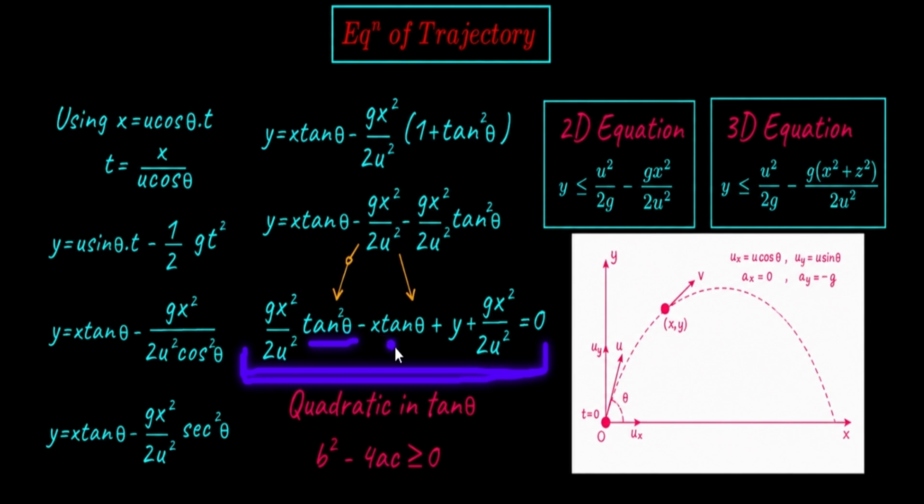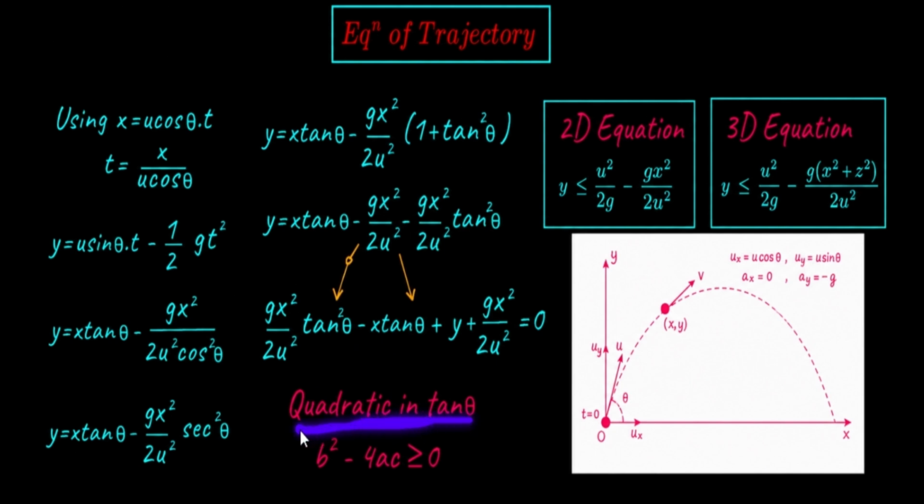Look at the board now. I have rearranged the equation to write it in standard quadratic form. Let me read it out. gx square upon 2u square into t square minus x into t plus y plus gx square upon 2u square equals 0. Where t equals tan theta.